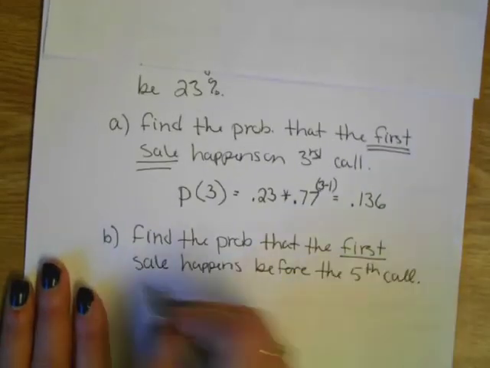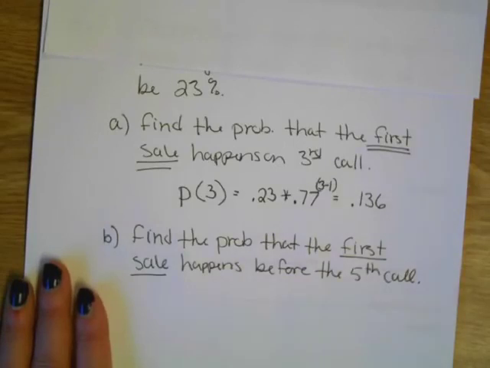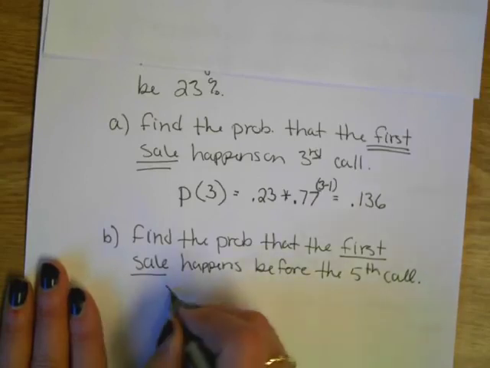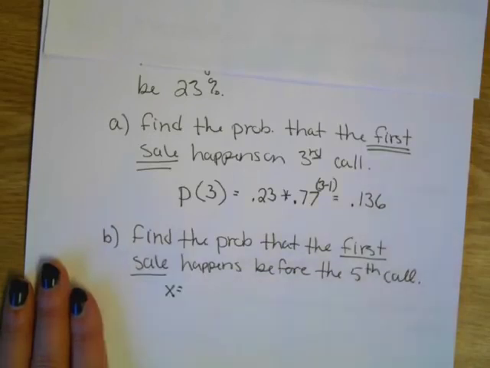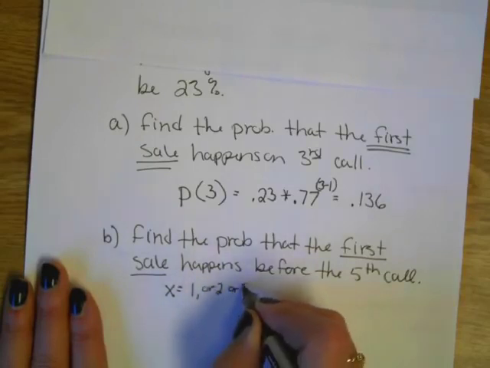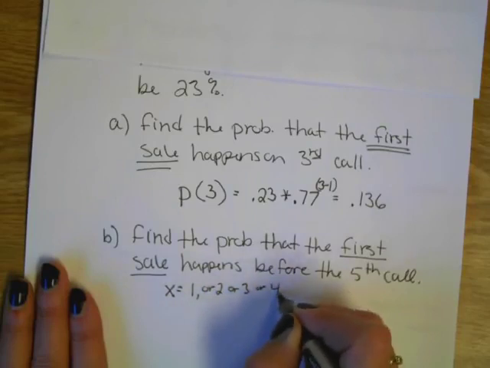First sale is my indicator that this is geometric. Before the 5th call. So what probabilities am I looking for? What are the trial numbers where the first success has to happen? Either on the first trial, or second, or third, or fourth.